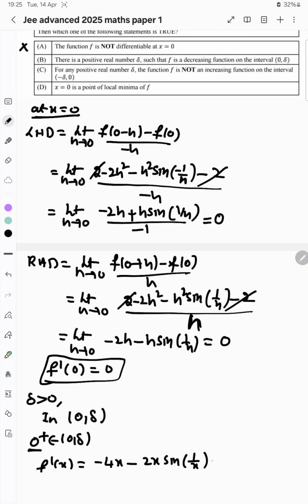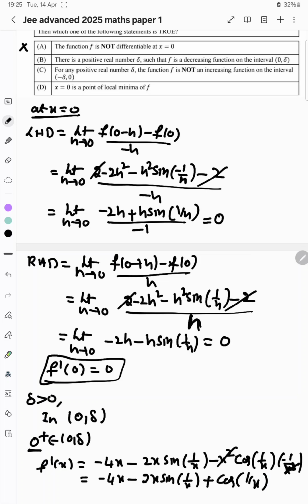Next, keeping -x² as it is, the derivative of sin(1/x) is cos(1/x), and with the chain rule, minus 1 by x². Now this x² is cancelled. The balance terms are -4x - 2x sin(1/x) plus cos(1/x) we will get.